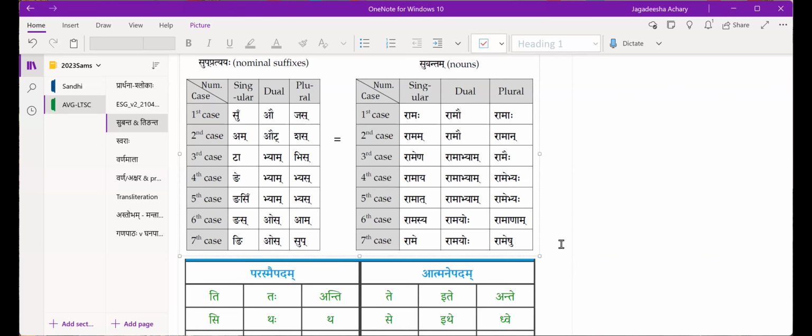So even though the sup pratyayas are the same, the subanta form will most of the times appear different based on the ending letter of the pratipadika and the gender it represents.